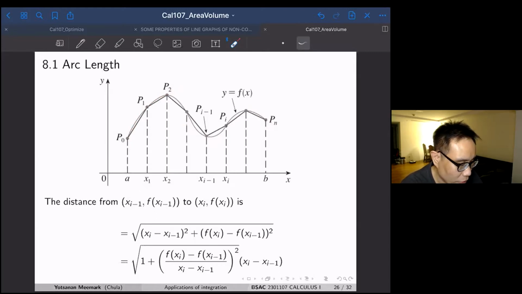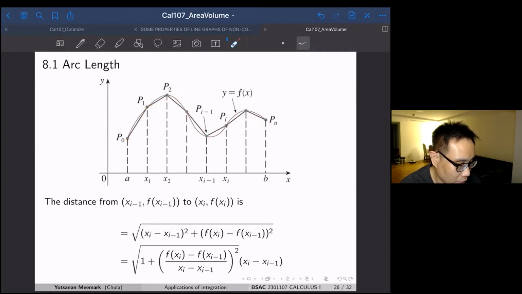If I divide the interval AB into small pieces, you see the points on the curve P0, P1, P2, Pi minus 1, Pi, and so on until Pn, which is the value of the function at D. You sum the distances between these points together.